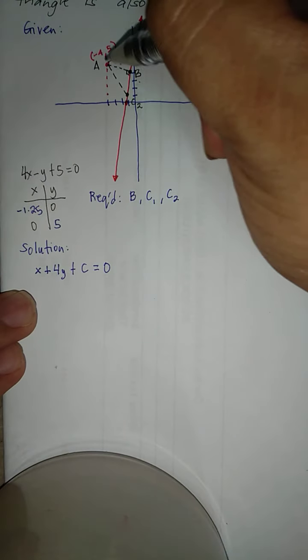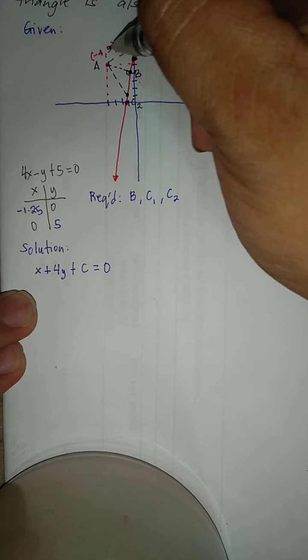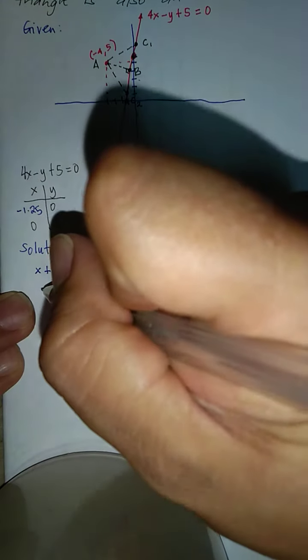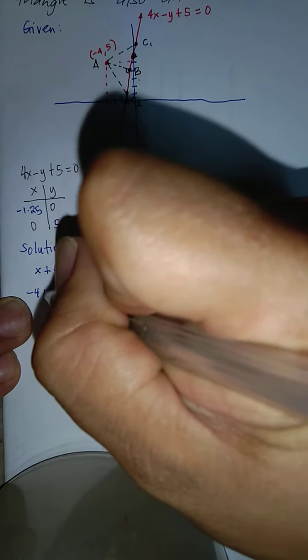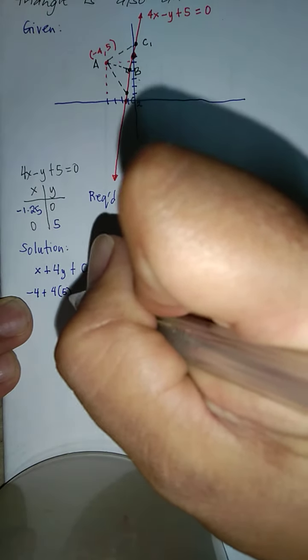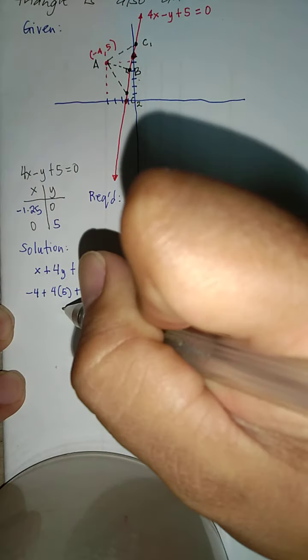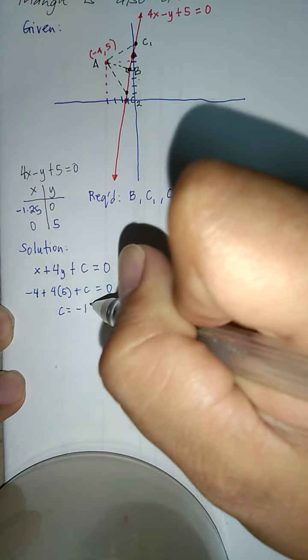We need to substitute (-4, 5) since it is supposed to be on this line. So you have -4 + 4(5) + c = 0. This becomes 20 - 4, so that's 16, and then transposing, you get c = -16.